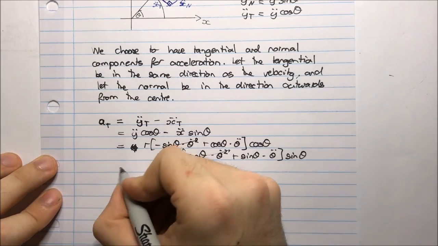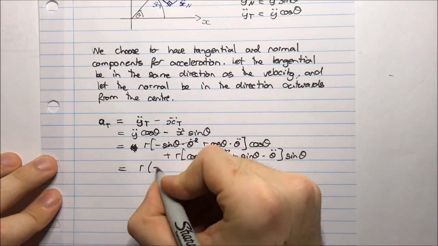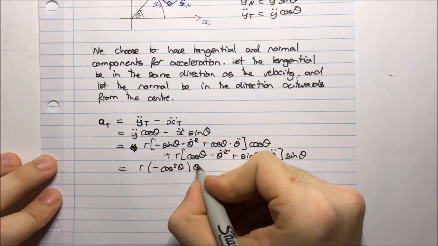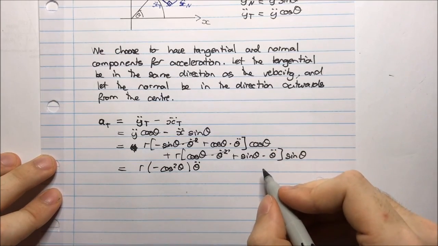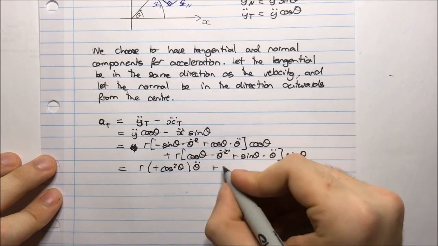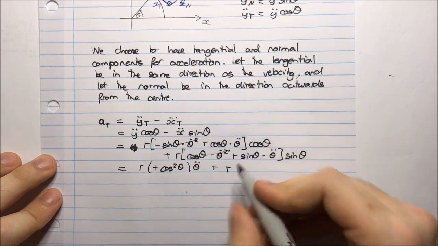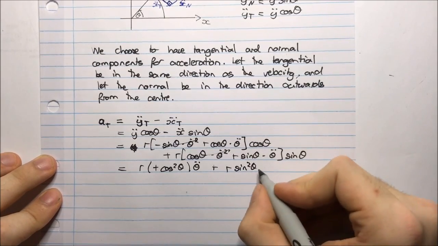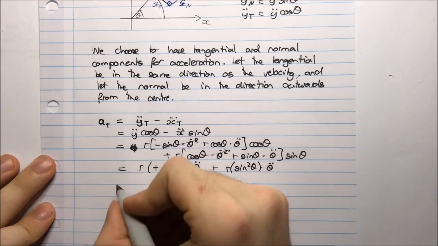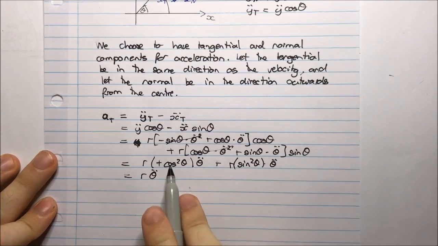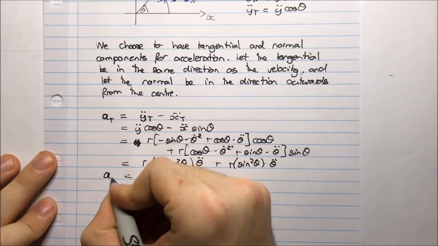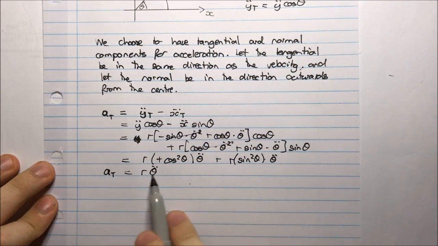And so I'll be left with r times cos squared theta times theta double dot, and here I have r times sine squared theta, theta double dot. So if I factor out an r theta double dot, I'll be left with cos squared plus sine squared, which is just equal to 1. And so here I have that the tangential acceleration is equal to r times theta double dot.